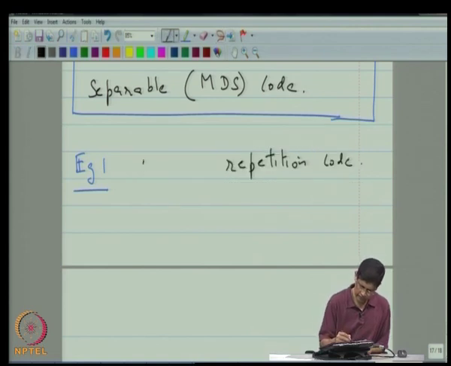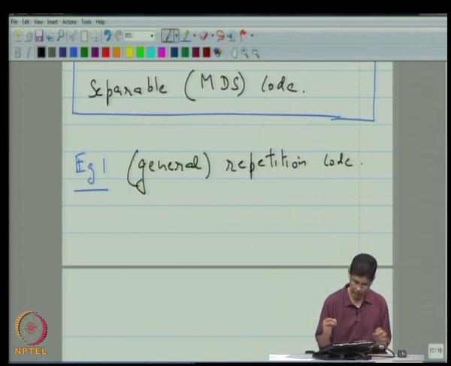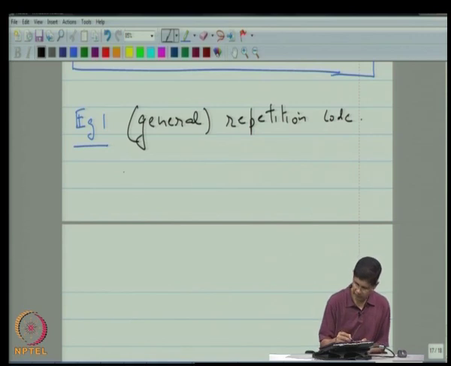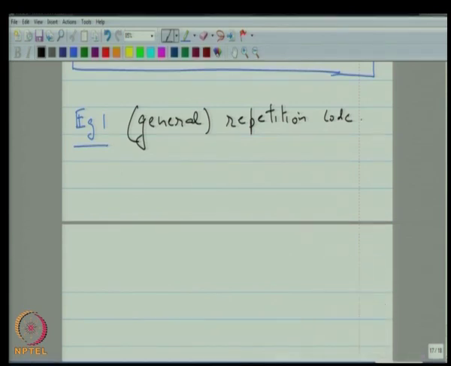So let us say that this is the general repetition code. Such a code has parameters n, 1, n.